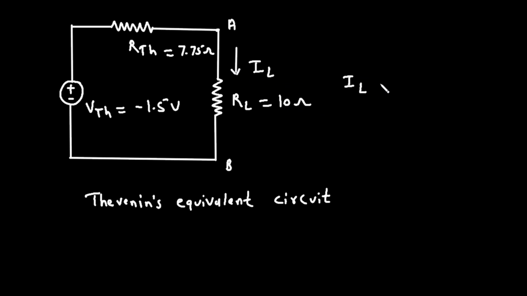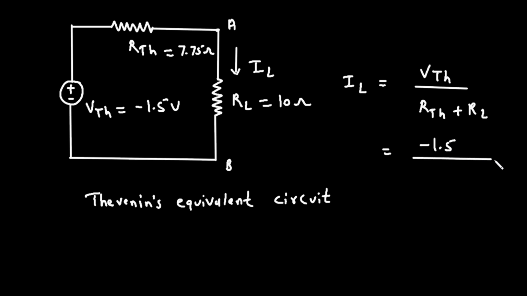The formula to calculate IL is VTH upon RTH plus RL. The value of VTH is minus 1.5, the value of RTH is 7.75 and the value of RL is 10.